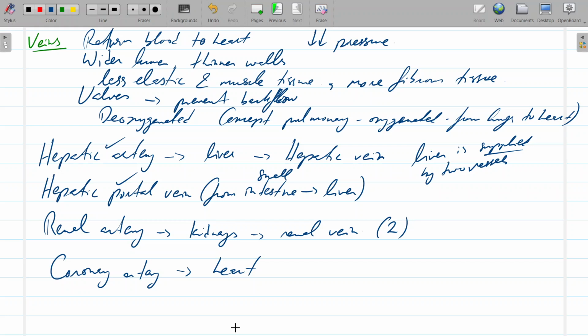Obviously, a newborn baby does have all the organs, but they're small and they don't function to their full capacity.